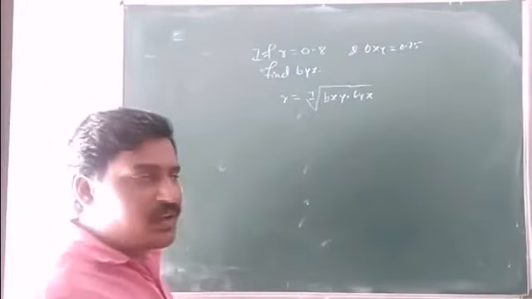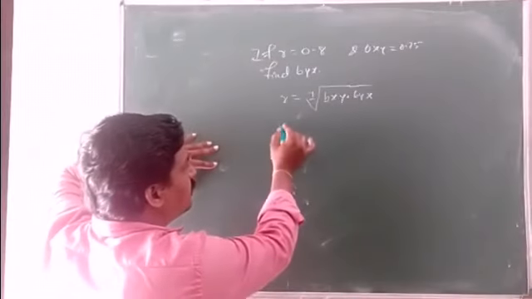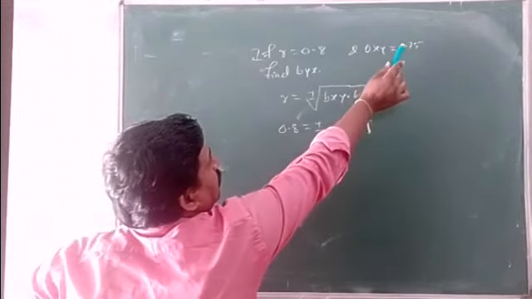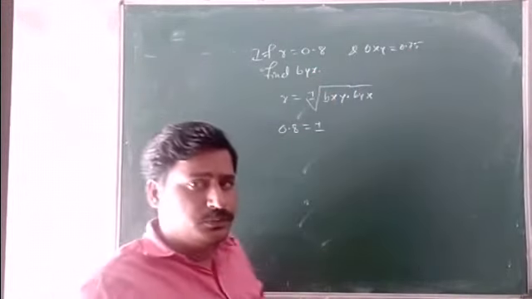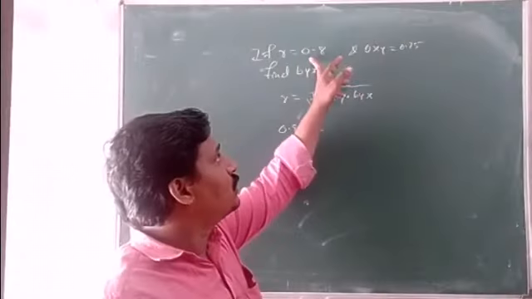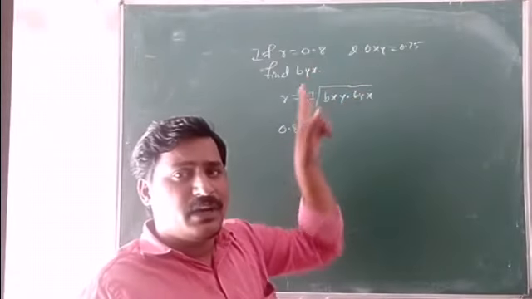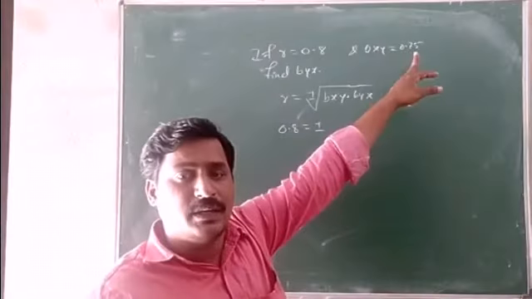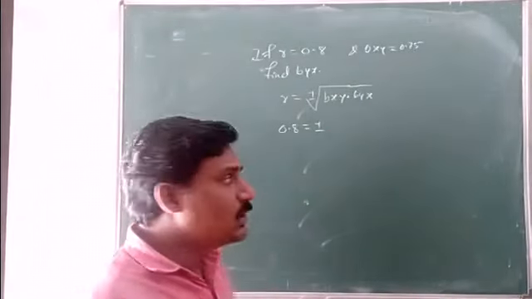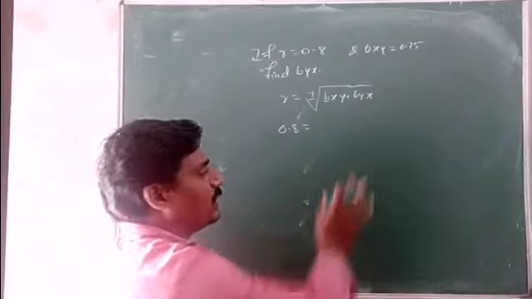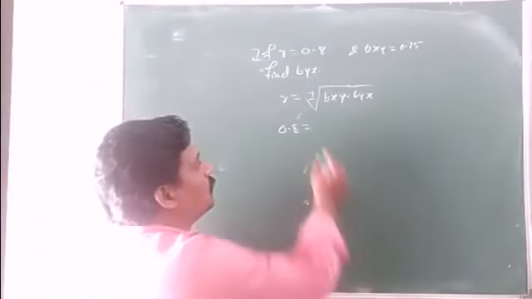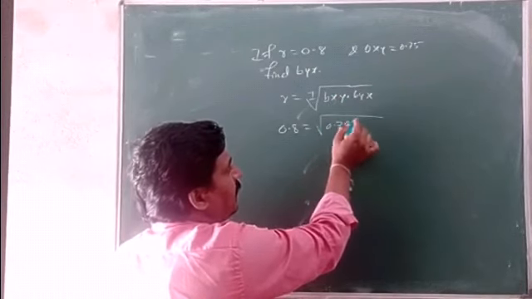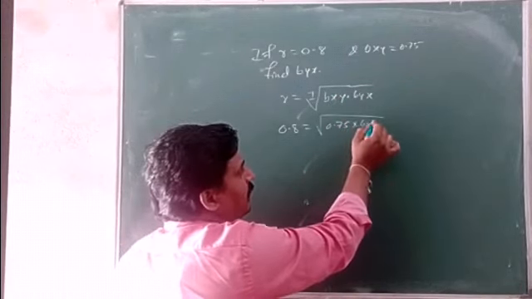So the r value we know, that is 0.8. Here correlation is positive. Correlation is positive means both bxy and byx will be positive. So we have bxy positive here, that means byx is also positive. So no need to write the sign again. So 0.8 is root of bxy, that is 0.75, into byx.